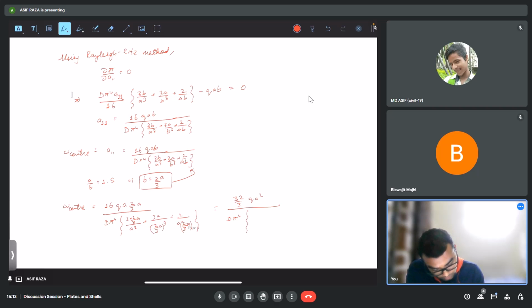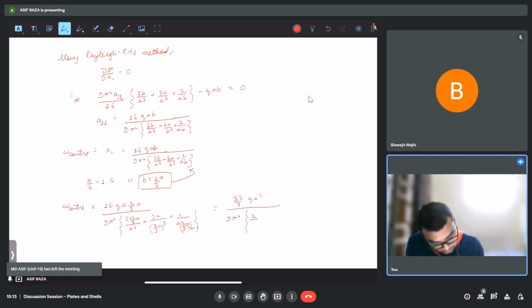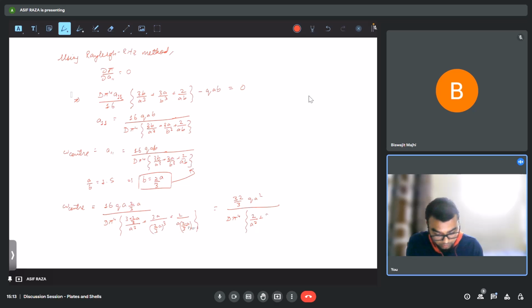This would be 2A upon A square, 2 upon A square. This would be 3, 3 is 9, 3 is 27, 81 upon 8 A square plus 2 3 upon A square.